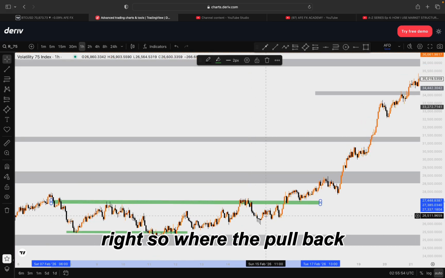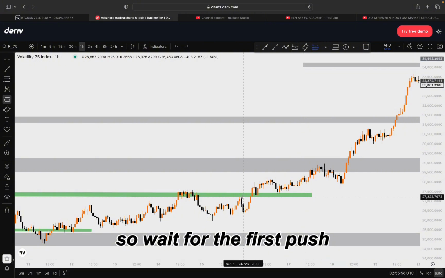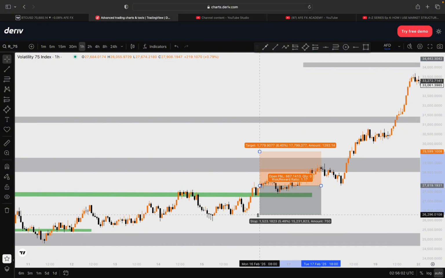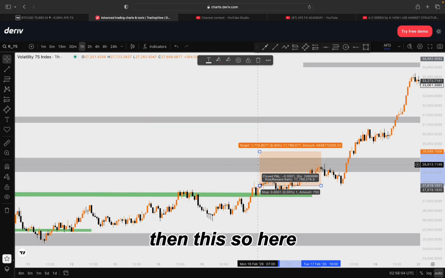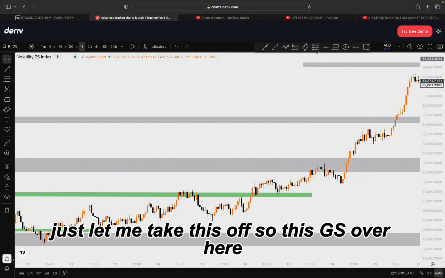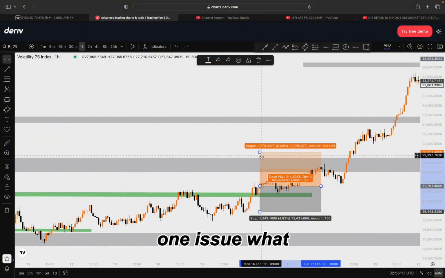So the pullback happened around this point. So wait for the first push, second candle that breaks above here, then this. Sorry, let me take this off. So this SL over here, 1:1.